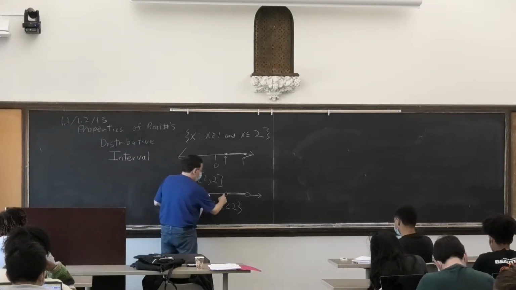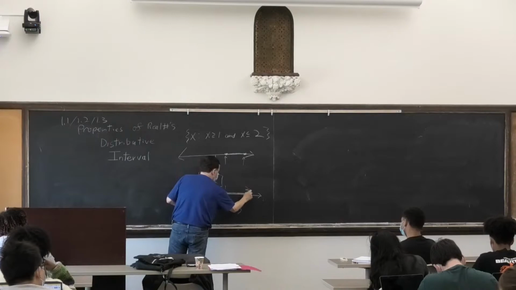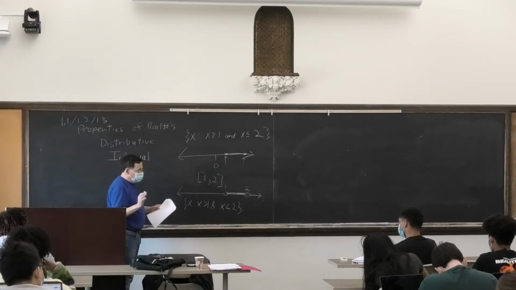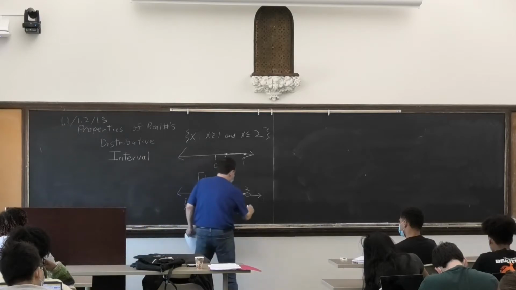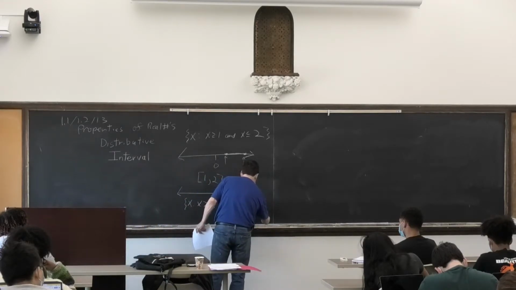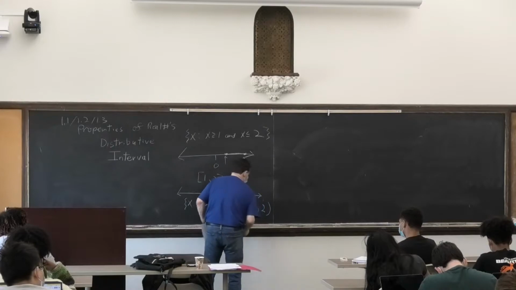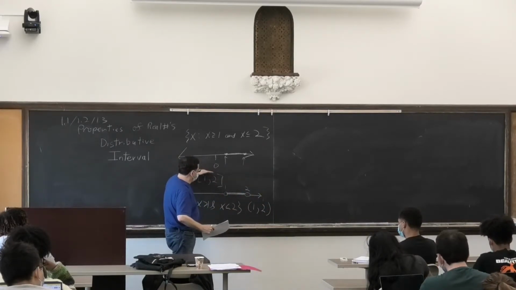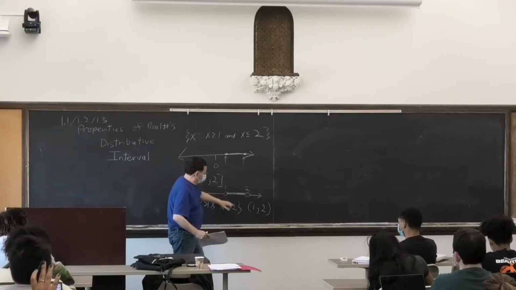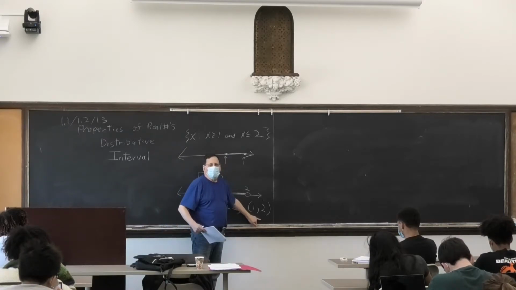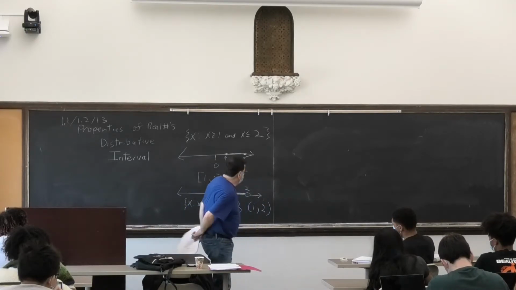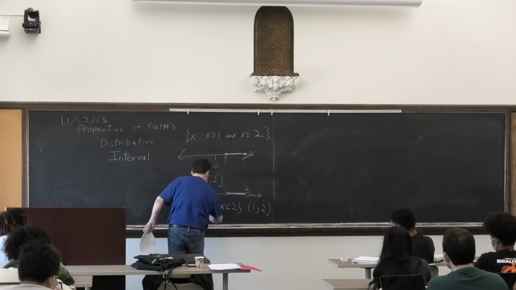Open meaning the endpoints 1 and 2 are not included. And here things can really get confusing. The other way we write this is like this: parentheses, not square brackets. What's really confusing is this is, yes? Is that an and or is that an a? That's supposed to be an and.